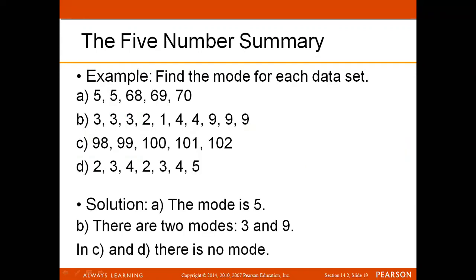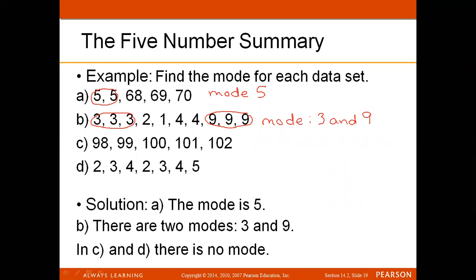Example, find the mode for each data set. In group A, we have double fives, right? So the mode is 5. There's no other doubles. In B, we've got double 4s, but we have triple 3s and we have triple 9s. So our mode is both the 3 and the 9. In example C, we have 98, 99.